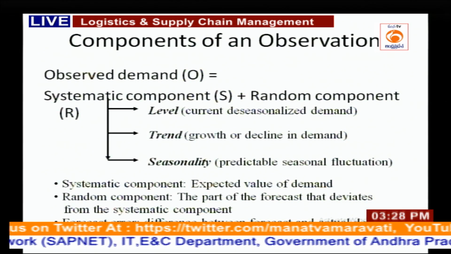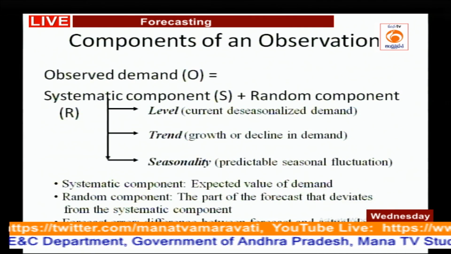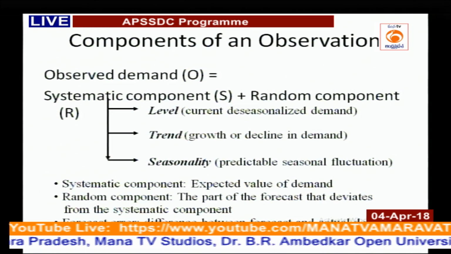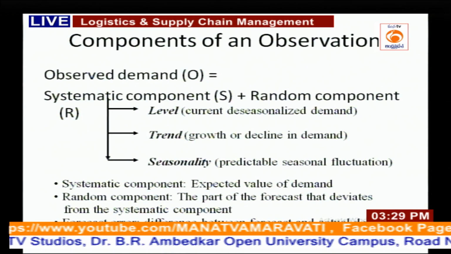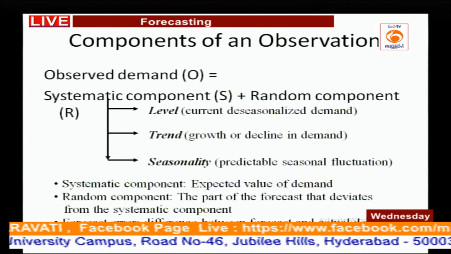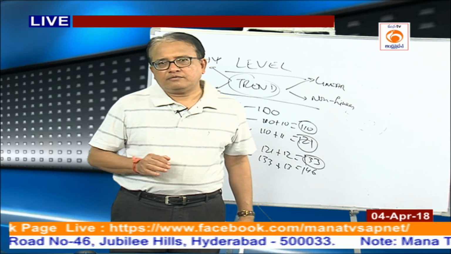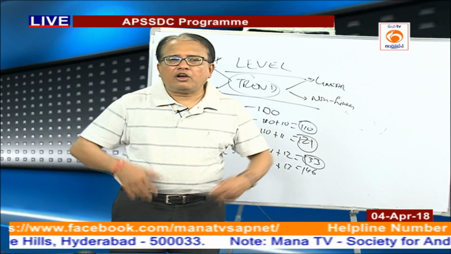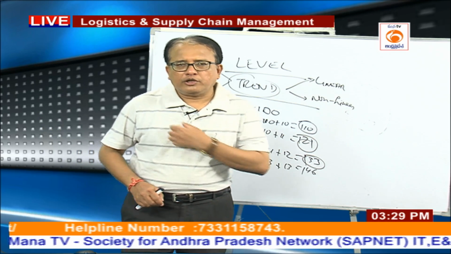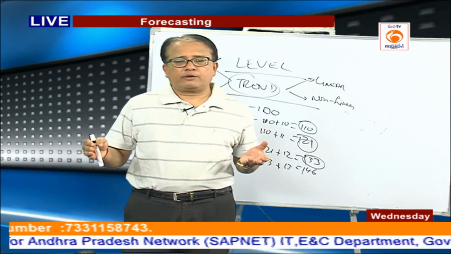Last one was seasonality. Seasonality is, of course, when you observe the change in demand in a particular season, when a particular product is a seasonal product. Think of woolen clothes, they are meant for winter.